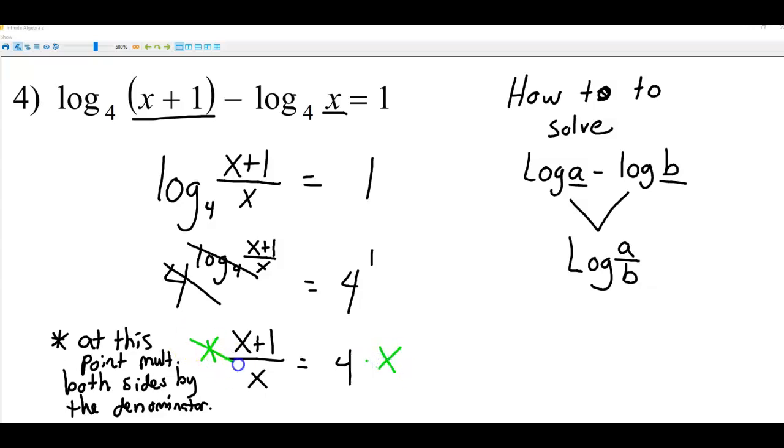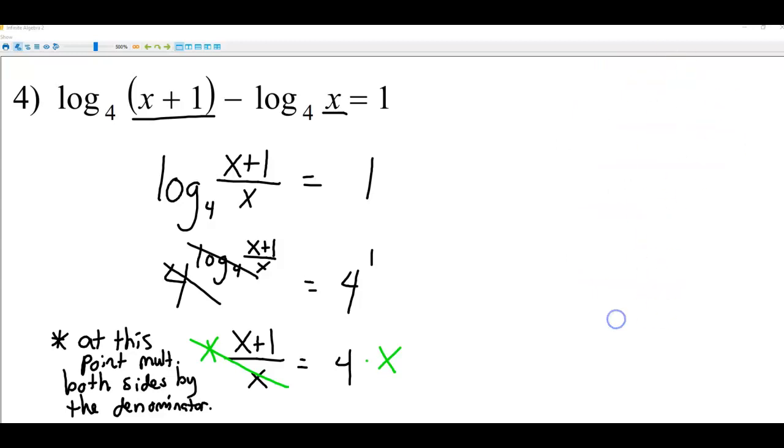Like that. And on this side, the denominator and the x you're multiplying by cancel out. So that leaves me with x plus 1 on the left side. And on the right side, I got 4x.